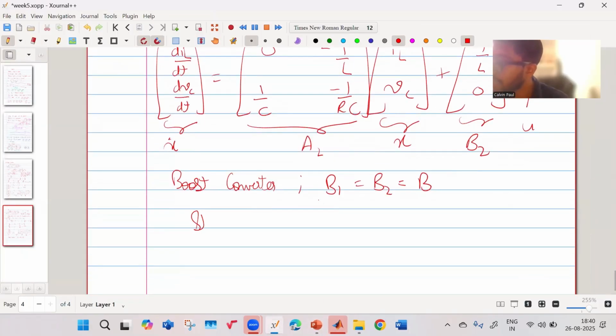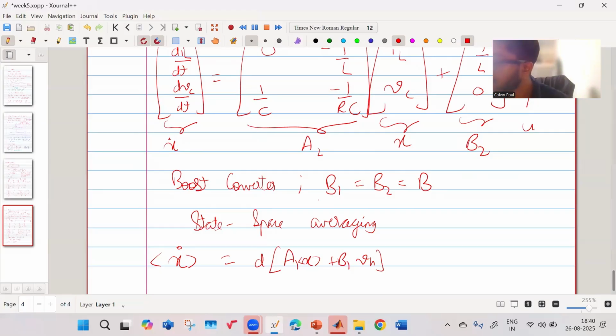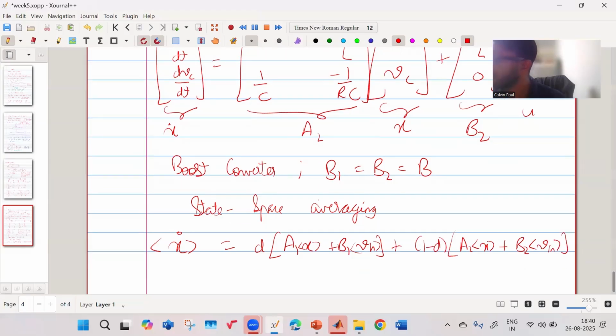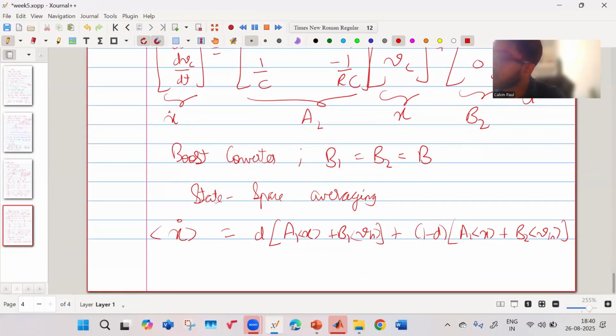In that, we get the average dynamics equal to D into A1 X average plus B1 into V in average, plus 1 minus D into A2 X average plus B2 into V in average. So we are doing averaging over a time period T.